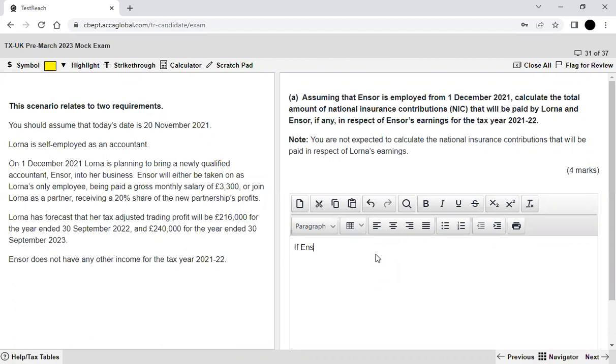So if Esnor is taken into the business by Lorna as employee, Esnor will be getting a salary of 3,300 multiplied by 4.